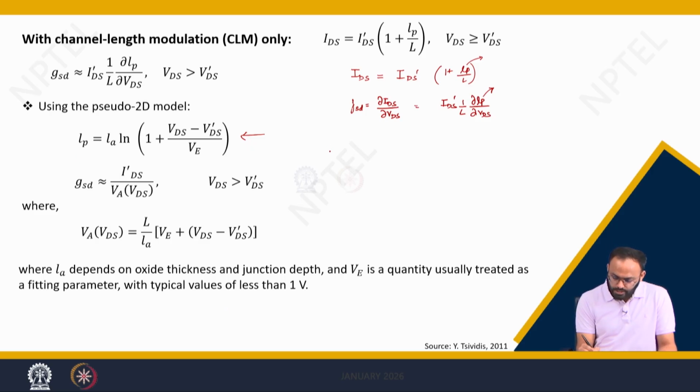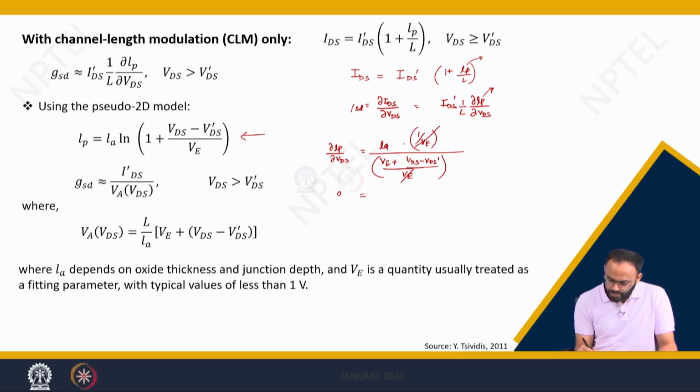So, DLP divided by DVDS can be calculated as LA, as this is a log function, you will get VE plus VDS minus VDS dash divided by VE into 1 over VE. So, this and this get cancelled, and you are left with GSD as IDS dash divided by L into LA divided by VE plus VDS minus VDS dash.